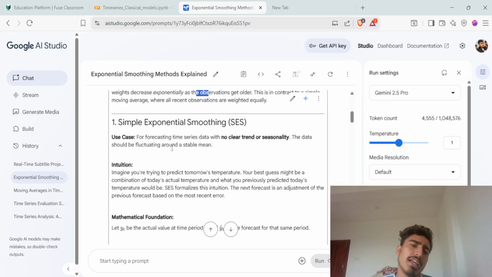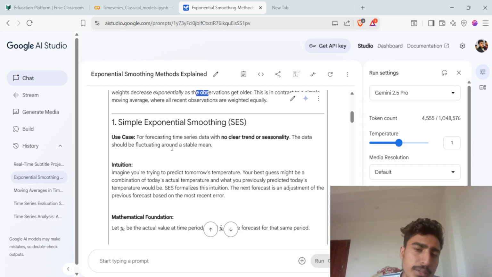Let's dive into simple exponential smoothing. We can use simple exponential smoothing if we don't have seasonality.